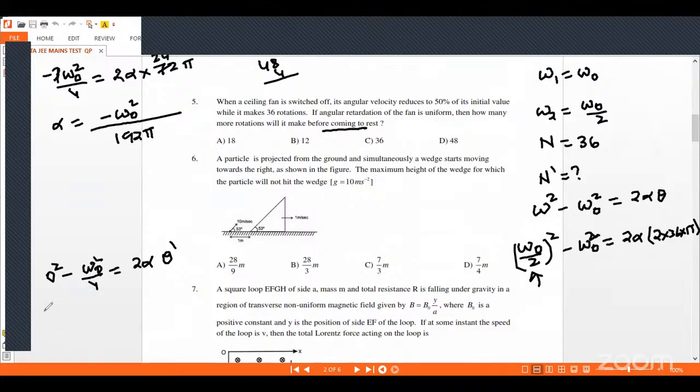So minus omega naught square by 4 equals 2 into minus omega naught square by 192 pi into theta dash, which I'll write as 2 pi n dash. Upon calculation, we get 1 by 8 equals n dash by 96. So n dash equals 12.